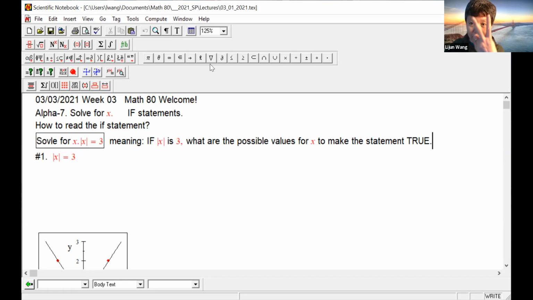Remember, there are only 2 kinds of sentences in mathematics. So all of these solve for, you're going to see today, this semester, next semester, or someday when you're studying to get a math PhD, math doctorate. You're also going to have similar wording. They all mean the same thing. It's the same sentence structure.